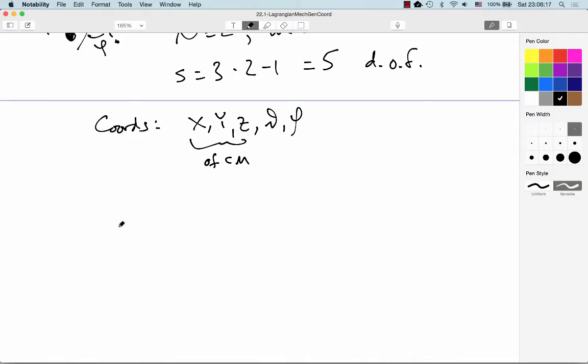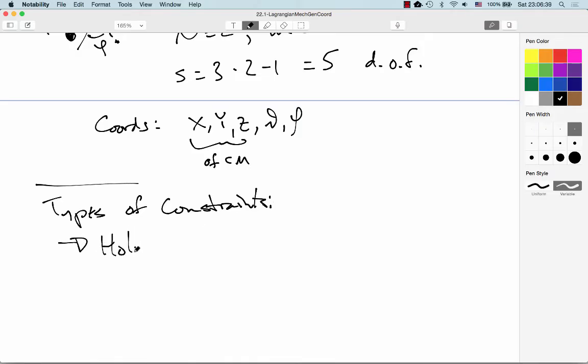Okay, so the moral story is we can reduce the number of degrees of freedom if the constraints are all holonomic. So this is a good time to get into the kinds of constraints there are. So there's holonomic constraints.